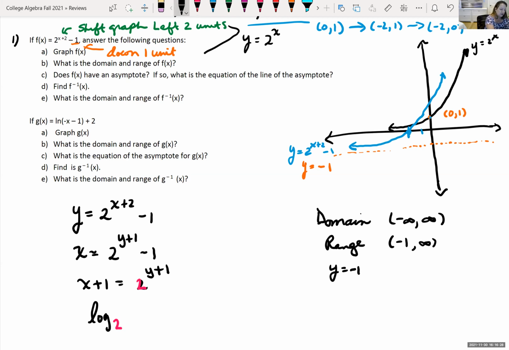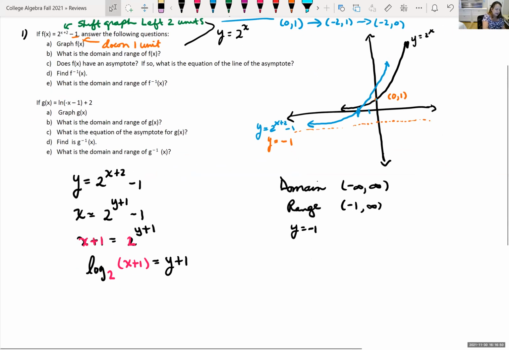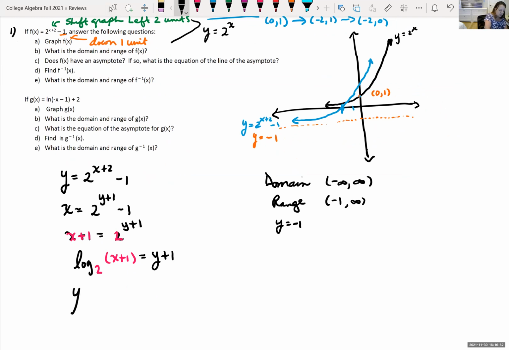So log base 2 of x plus 1 is equal to our exponent. And we're almost there. We want y by itself, so we need to subtract 2 on both sides. And so if we subtract 2 on both sides, we get y is equal to log base 2 of x plus 1, and then minus 2. And this is our inverse function of f of x.